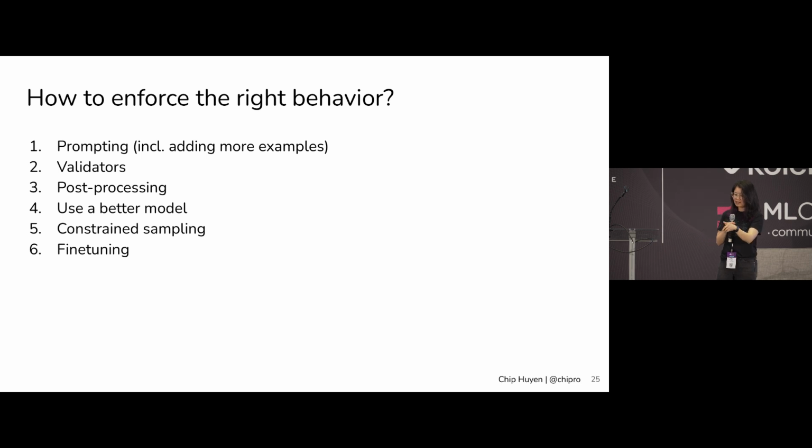Another thing, not added here because it's an older slide, is to just use a better model. It has been shown that as models become more powerful, they also get better at following instructions and can output formats more correctly. Another thing you probably want to look into is constraint sampling, which I think is pretty interesting but also a bit harder to do.